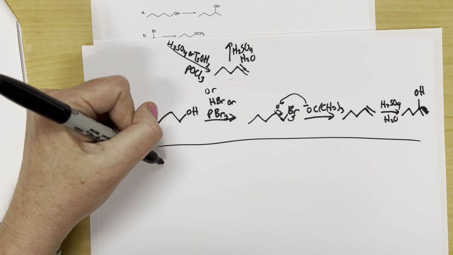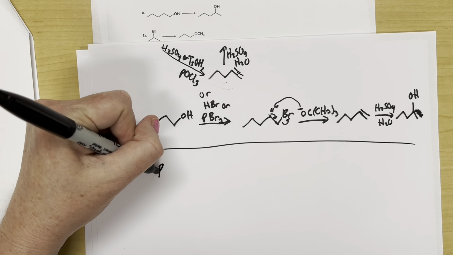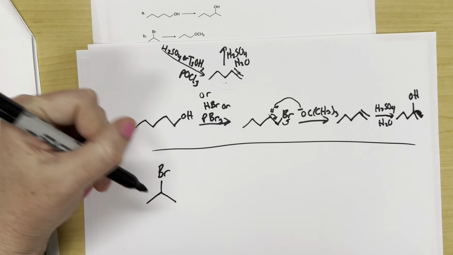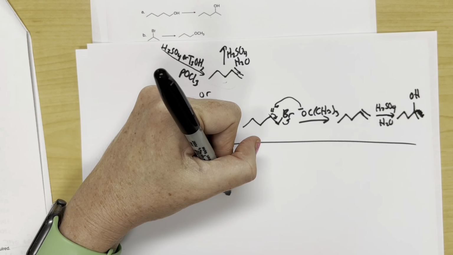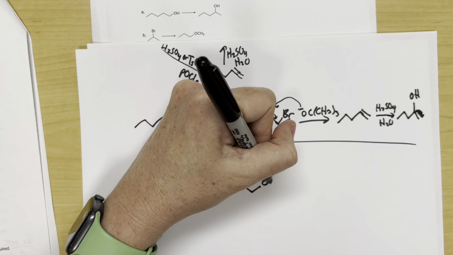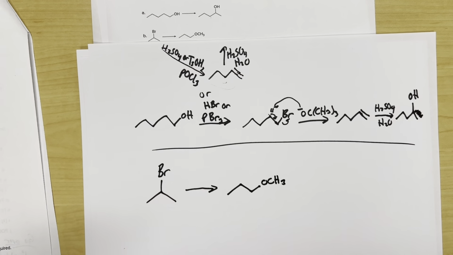So in B, it says take this alkyl bromide here, that's secondary, and it wants us to make what looks like a primary ether. All right, cool beans. We talked about how to make an ether.